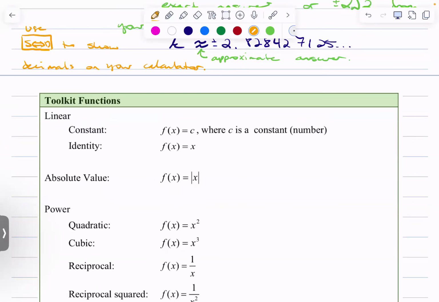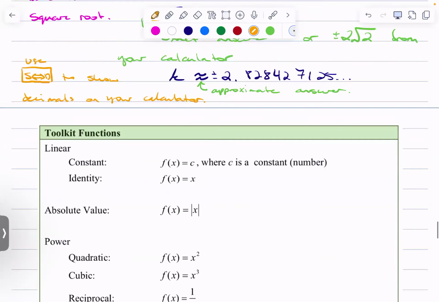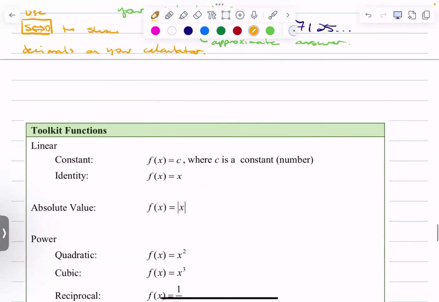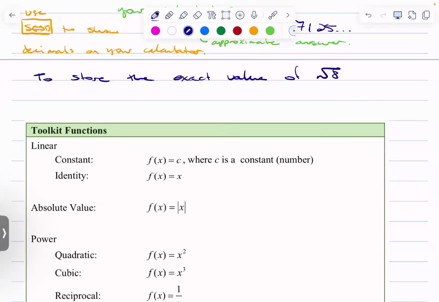And you can practice storing it. Storing this number, if you have to use the root of 8 later on in your calculations, how about we do that? To store the exact value of the root of 8, we'll just use the positive version. You do the root of 8 on your calculator, right?